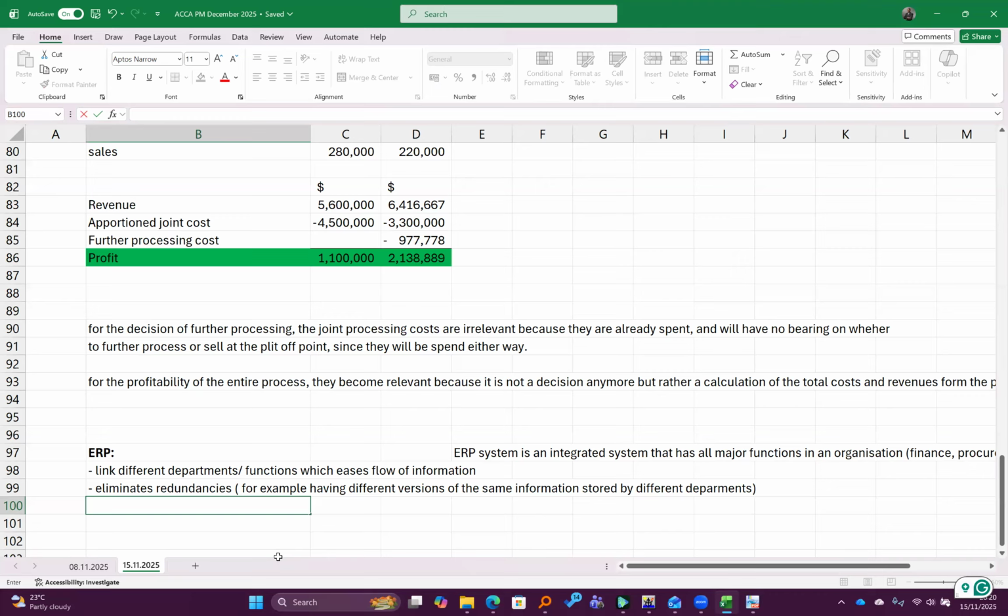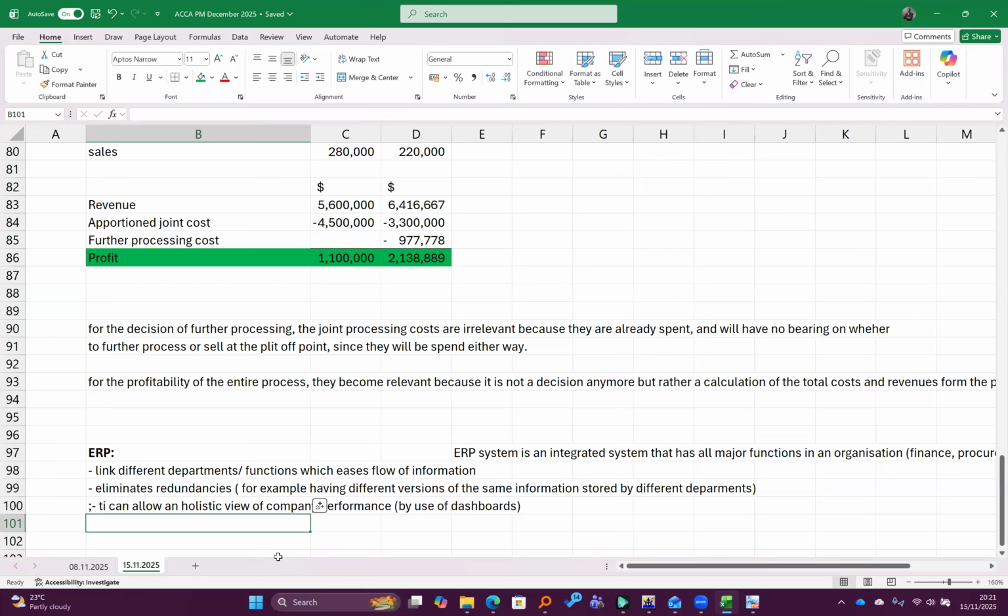So it can also allow a holistic view of company performance by use of dashboards. There are dashboards that can be set up since the system is pulling data from everywhere.